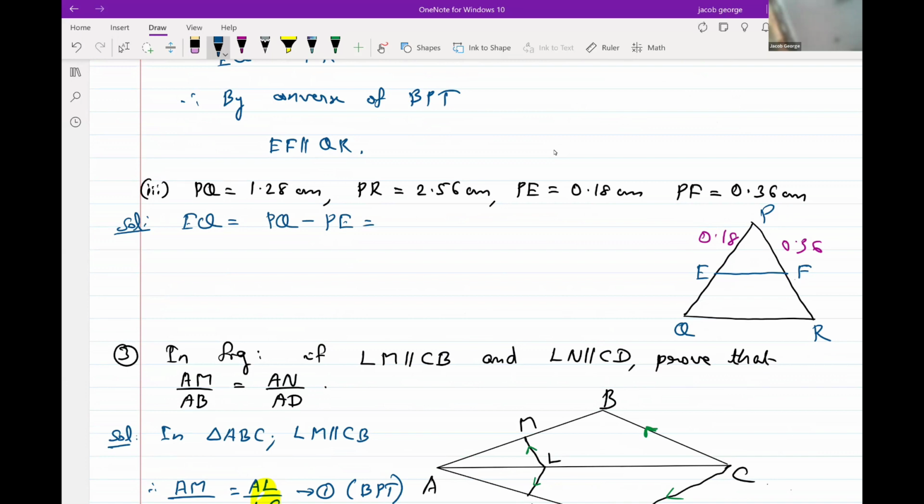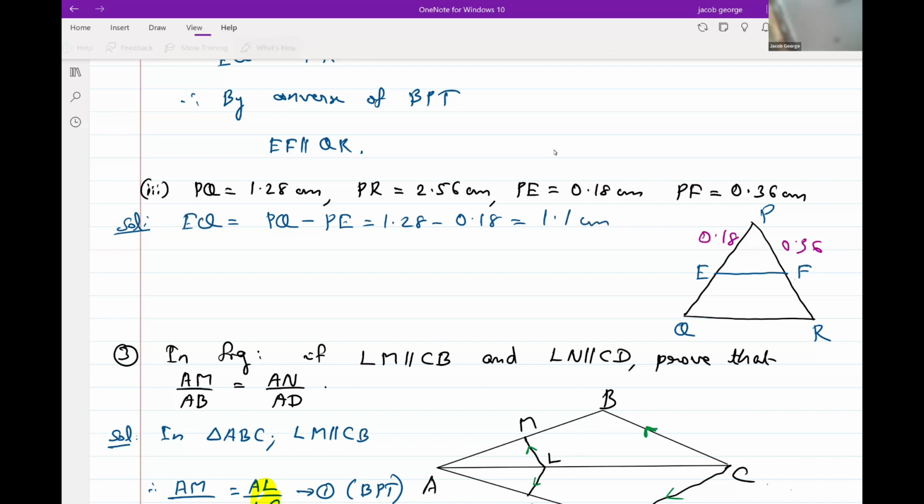PQ is 1.28, how much do you get? 1.1. So this is 1.1. We got EQ as 1.1. Next is FR. How do you get FR? FR is PR minus PF.